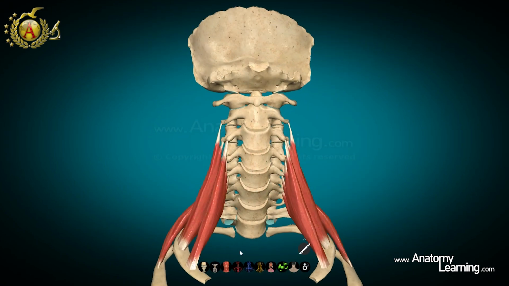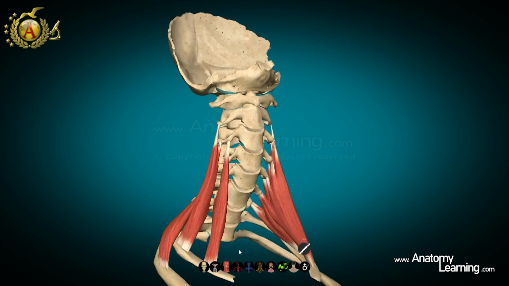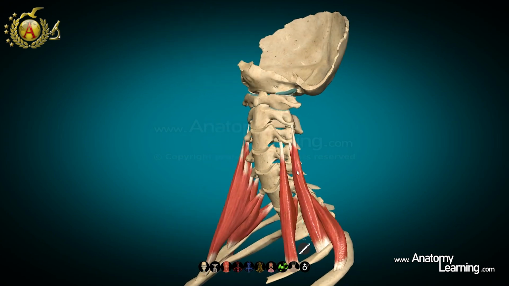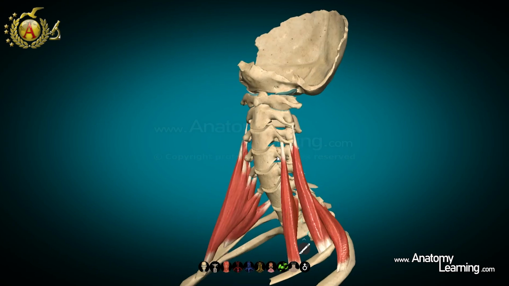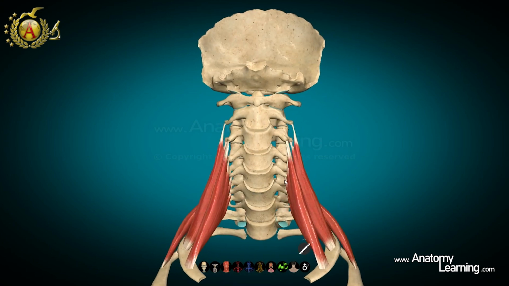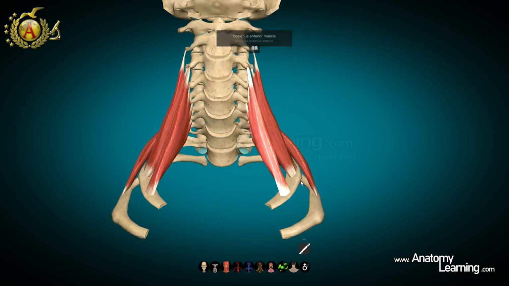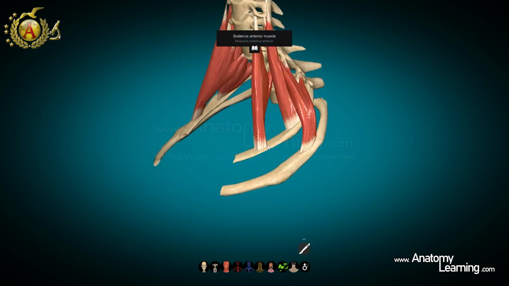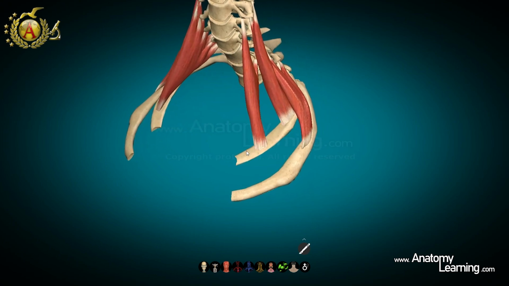Let's take a look at the deepest lateral muscles, which are 3 scalene muscles. The anterior scalene comes from the transverse processes, anterior lamina of the 3rd to 6th cervical vertebrae, to insert on the scalene tubercle that is located on the first rib, approximately at the level of the anterior portion.